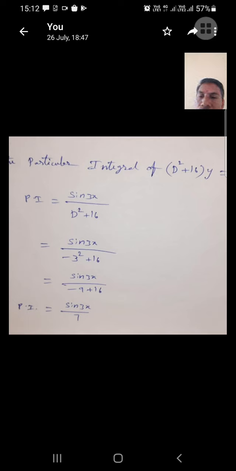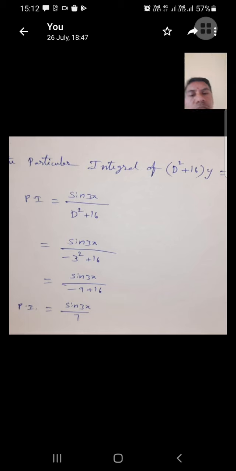So in place of a we have 3, so the square applies only to 3, not to the minus. That's why 3 square means 9, and the minus is written as it is. So minus 9 plus 16, 16 minus 9, we say 7.